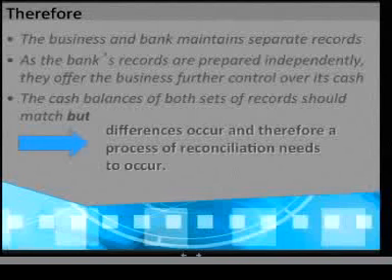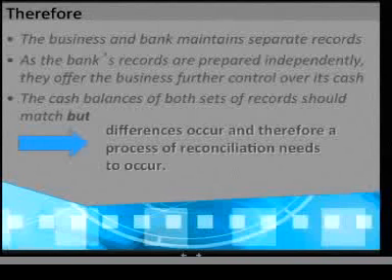So if you were to get your bank statement at the end of the month and that bank statement at the very bottom says the balance in your bank account from the bank's point of view is $1,000, that is not necessarily going to agree with your records. Your bank account may say something completely different. Your bank account may say that you have $1,100 in the bank.